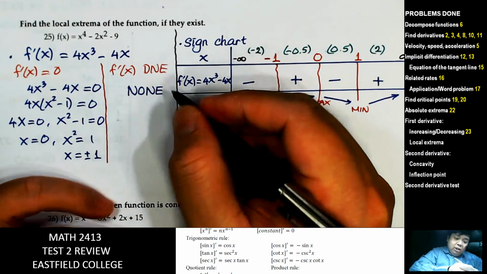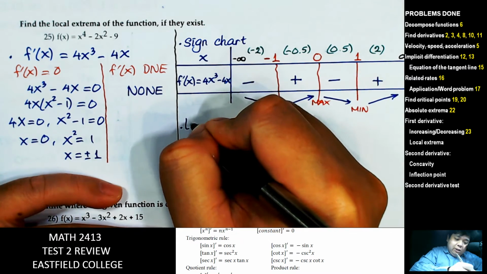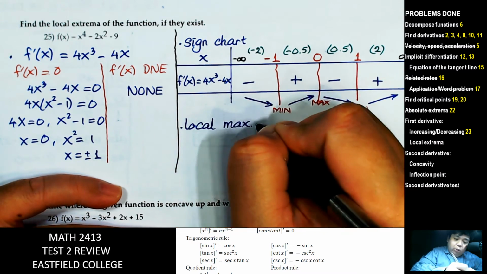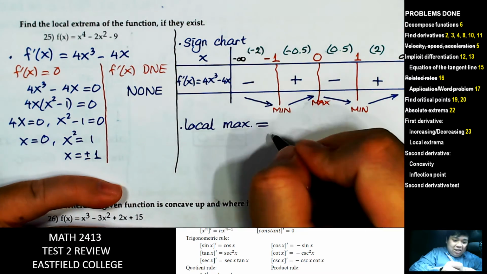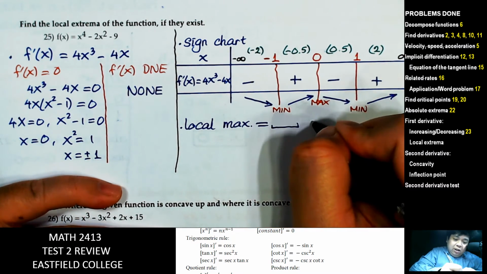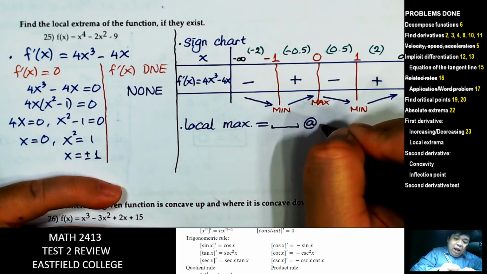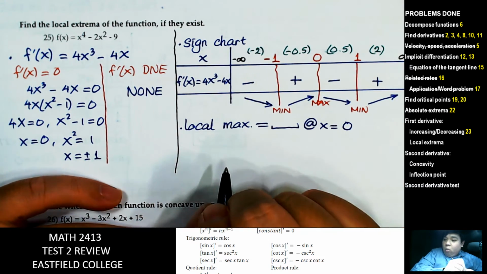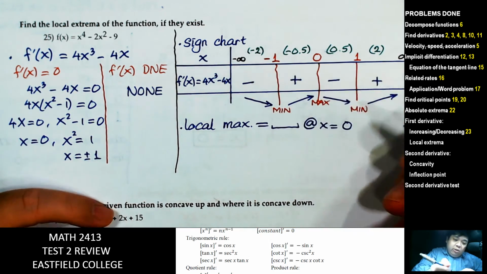But now we just write local max equal to, we don't know what that is yet, just leave a blank space, but we know that it is at x equal to 0. So that's what we know: local max at x equal to 0.